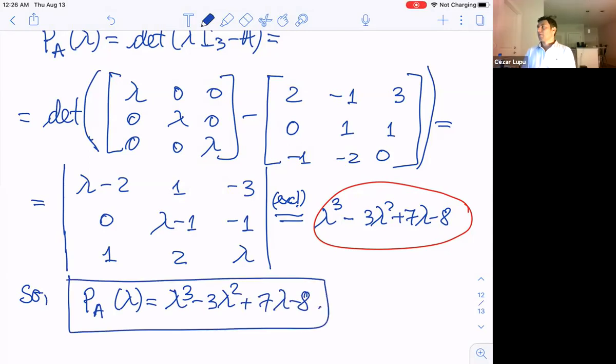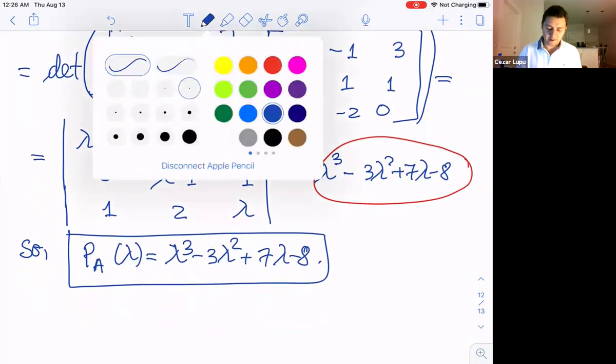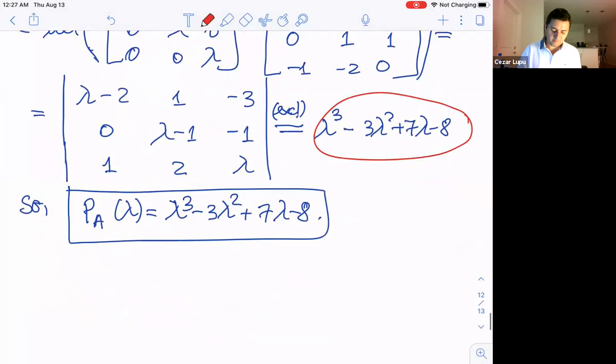And now, I'm trying to do something. Basically, I'm trying to find the inverse of a matrix using the characteristic polynomial. Let's see, how should we do this? Well, there is one thing that we have learned in the eigenvalues and eigenvectors chapter that sounds a little bit like this.